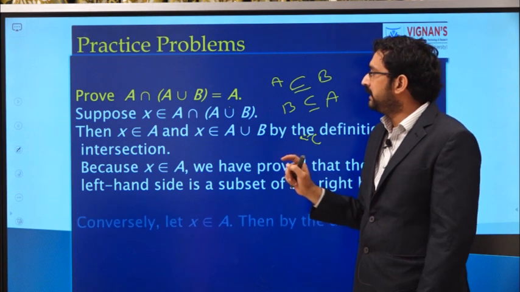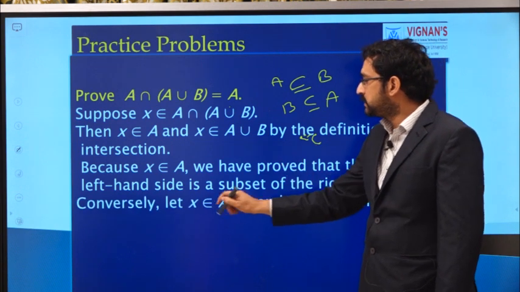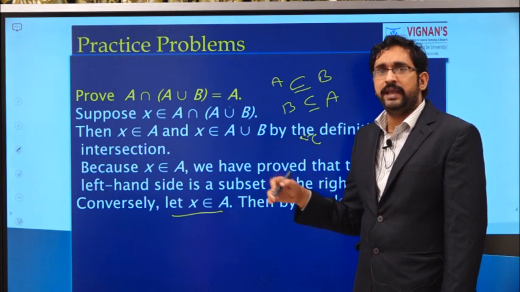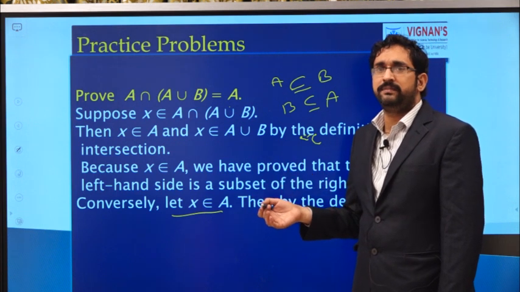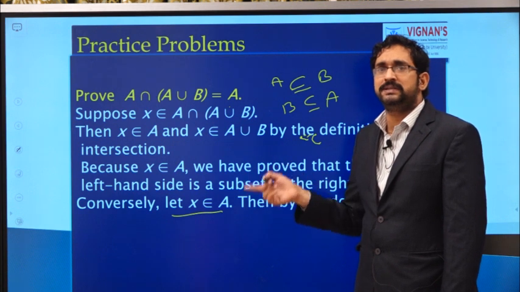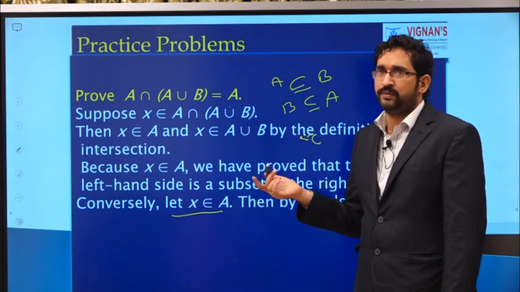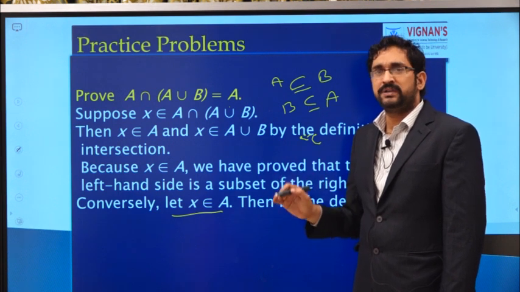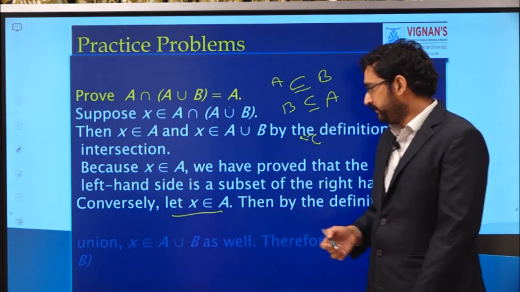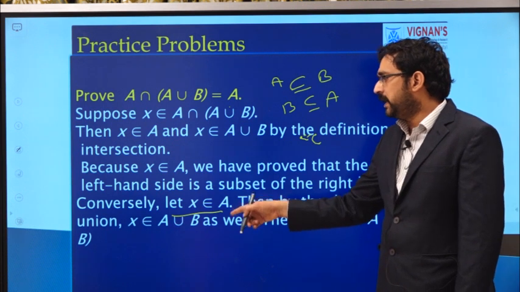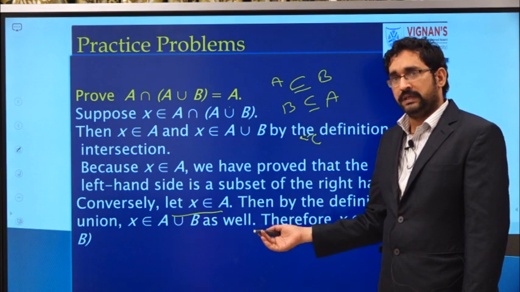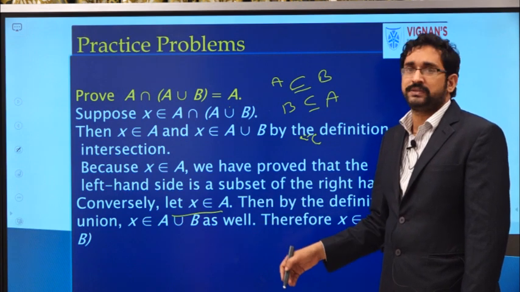So first take element X belonging to A. If X is in A, it will be in A union B also, because A union B contains every element which is in either A or B or both. So if X is present in A, it is sure that it will be in A union B. Hence X belongs to A union B also. So X is in A, X is in A union B. So it will be in their intersection also.